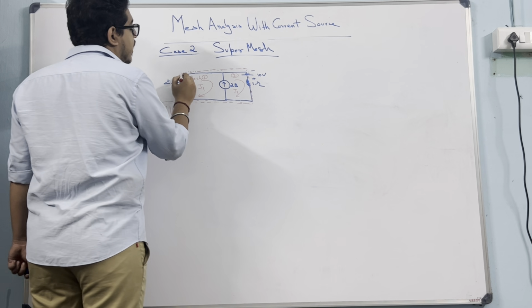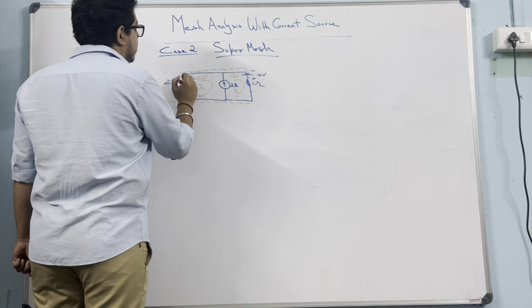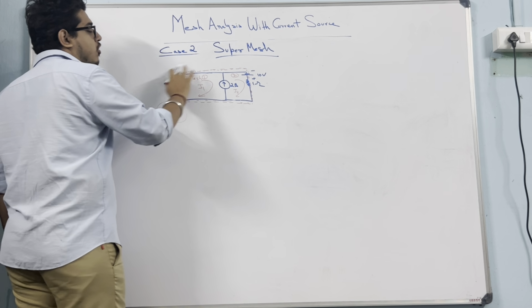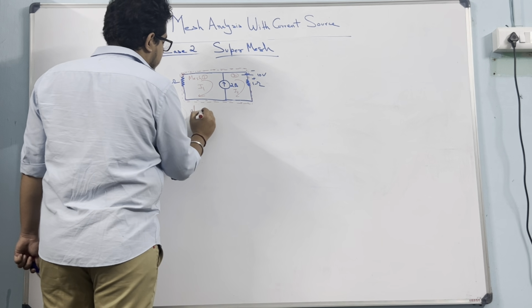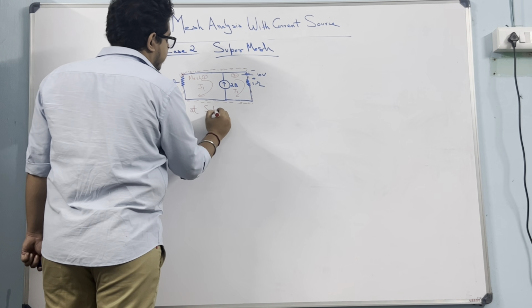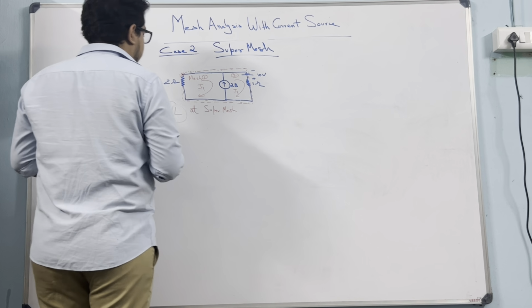I start from this point, I just go on to the second mesh and again I come back to the same point. So the potential drop across this path will also be 0. So KVL and supermesh. What is the equation?